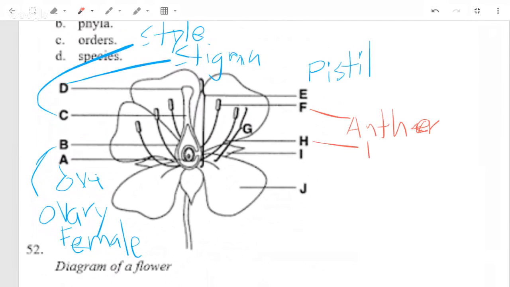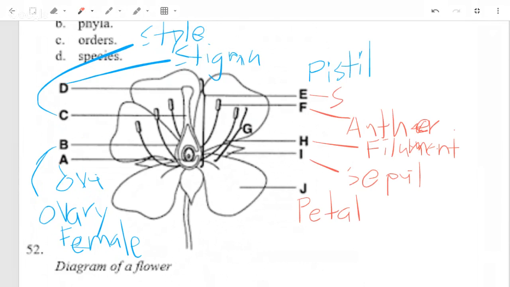It's this right here. And keep in mind, guys, these are the pictures you're going to see on the final. Same exact pictures, I didn't change anything. I is the sepal. That's easy. J is the petal. And then, again, the whole structure is a stamen.